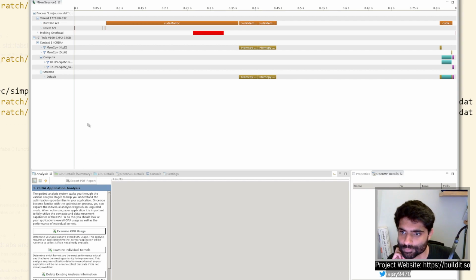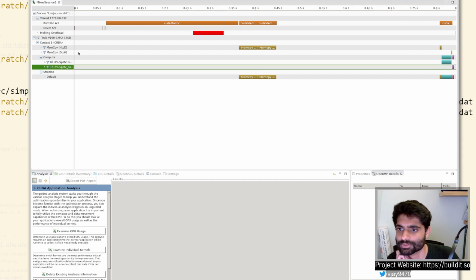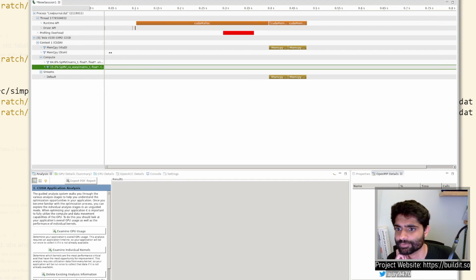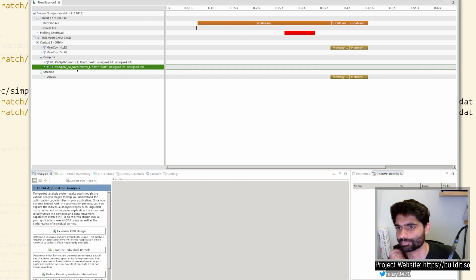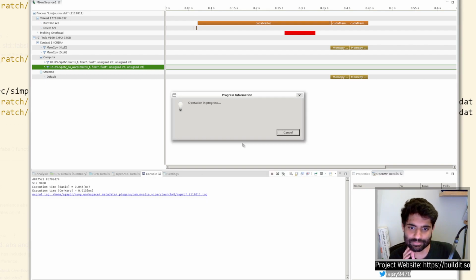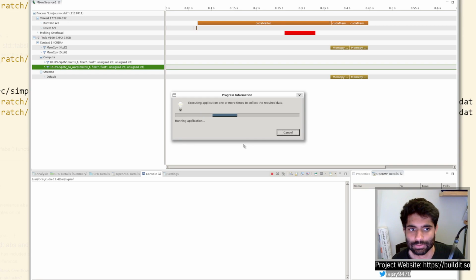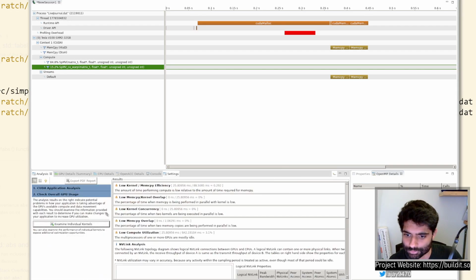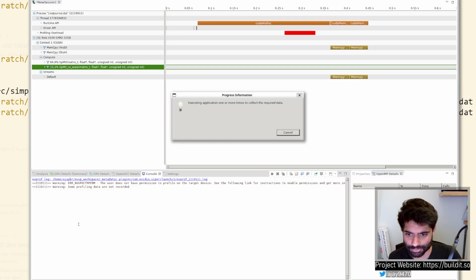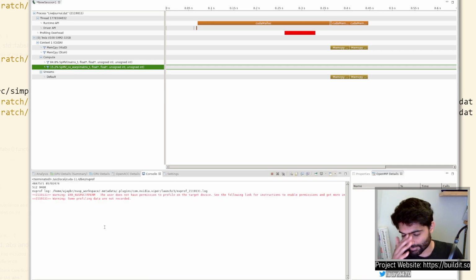Okay, so we have two kernels this time. You can see that the SPMV co-warp one takes shorter, 15.2% of the time. But I'm going to examine GPU usage. Let's see if they have any difference in the utilization and the memory accesses first. Individual kernels, we're going to go one by one through them.